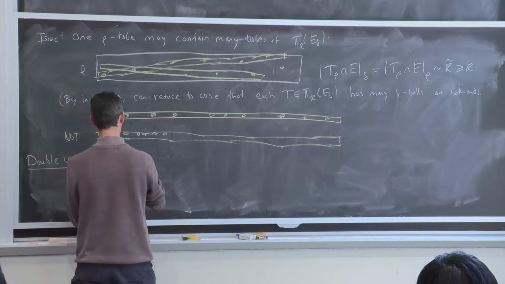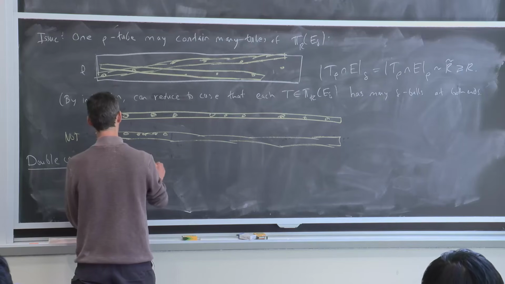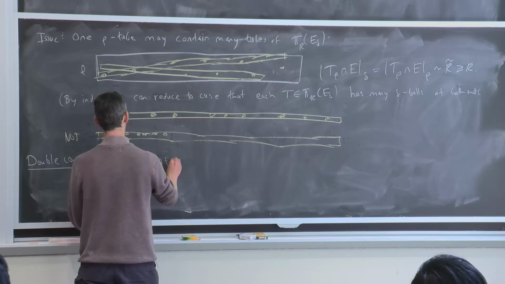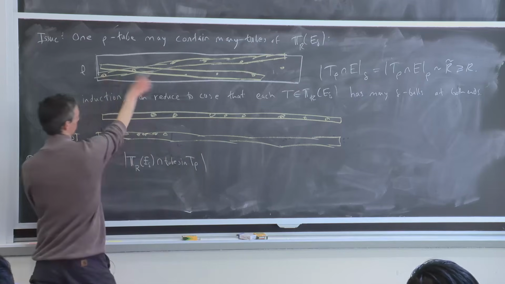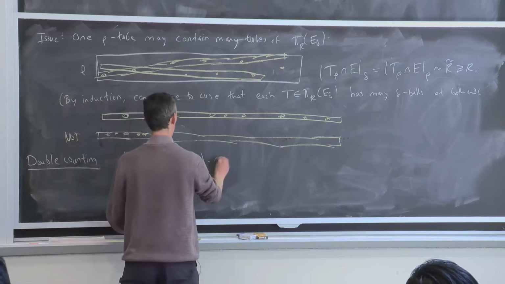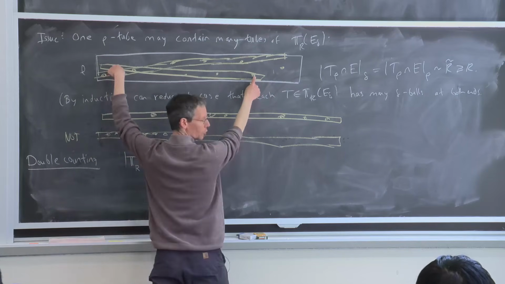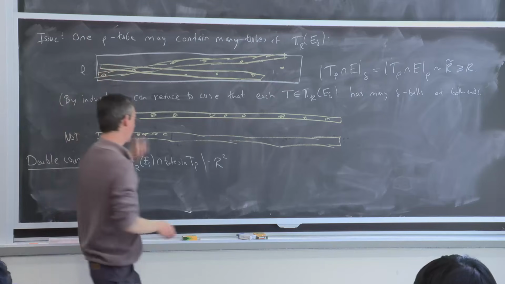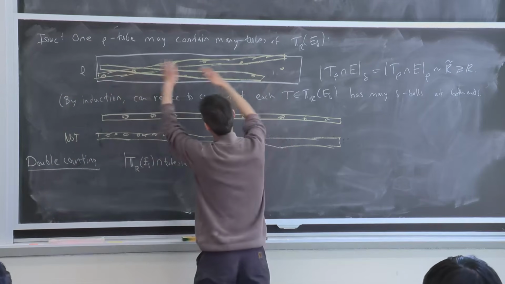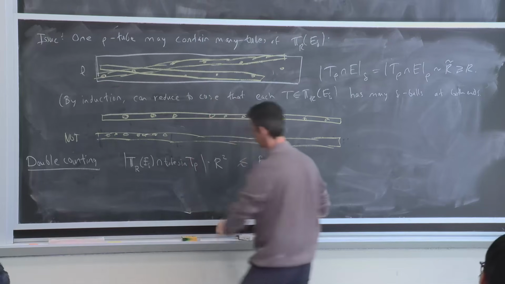So the number of yellow tubes in this picture, the tubes in T_R of E delta intersect tubes in T rho, times R squared. I take a tube and I pick two points in the tube, kind of near opposite ends. And for any two points, there is only one tube that joins them. So this should be bounded by R tilde squared.